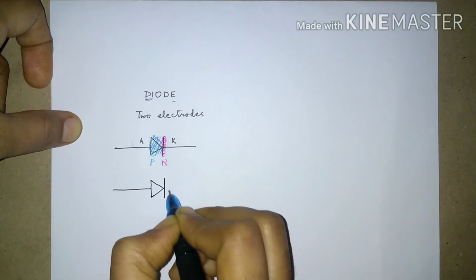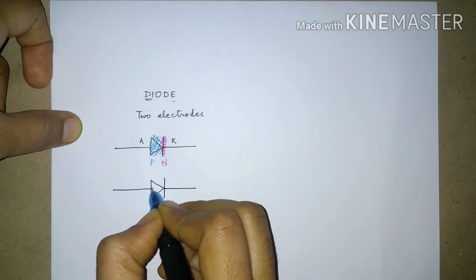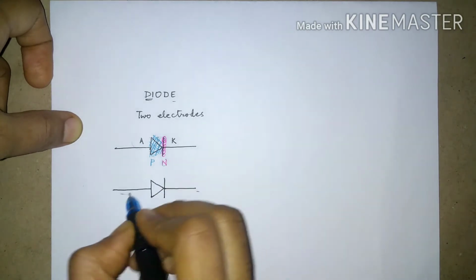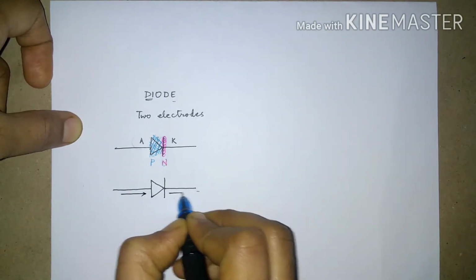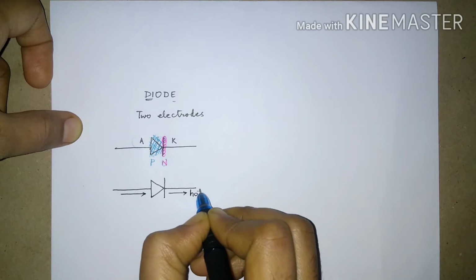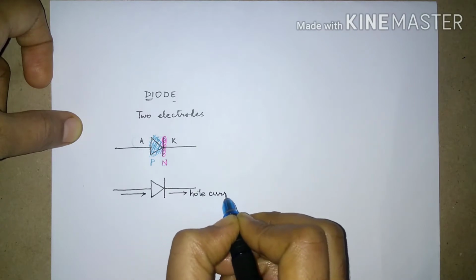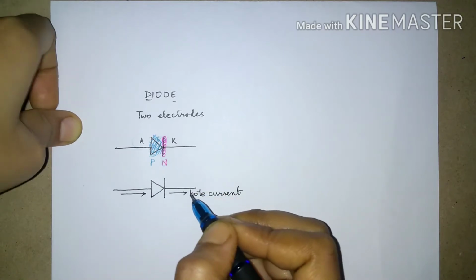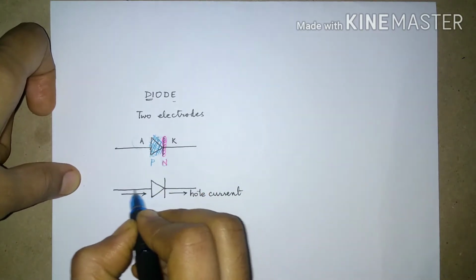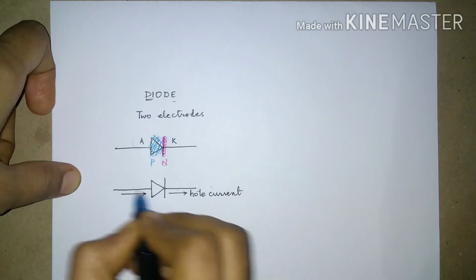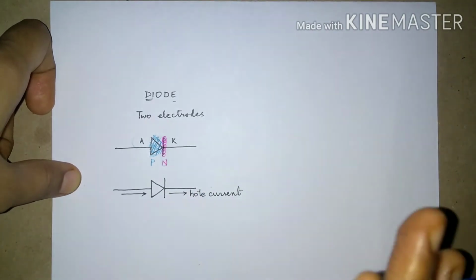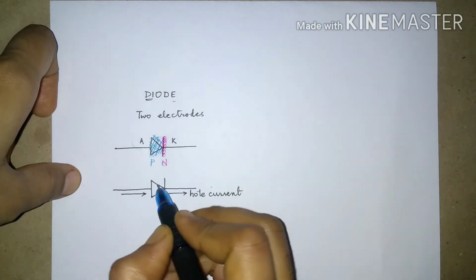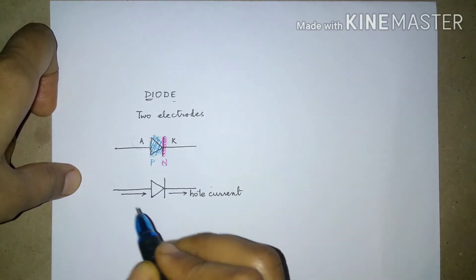In this symbol, the arrowhead indicates a direction. What is that direction? That direction is hole current within the crystal of the semiconductor. Outside the semiconductor, in the wires, electrodes and the circuit, there are no holes because they are conductors, not semiconductors.